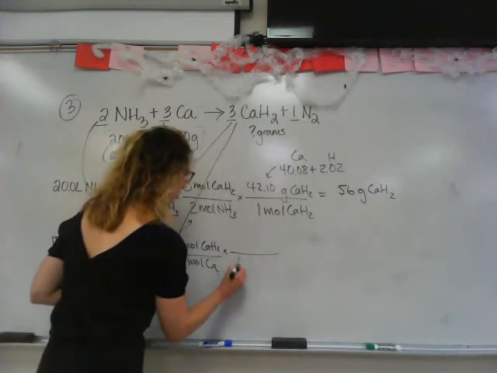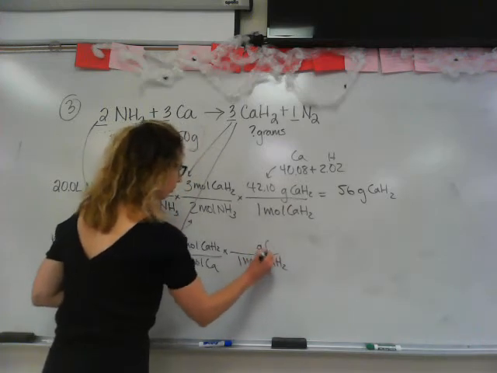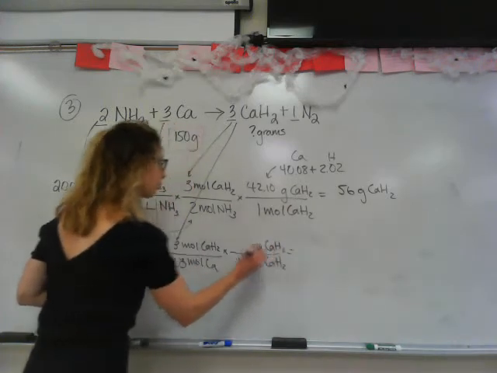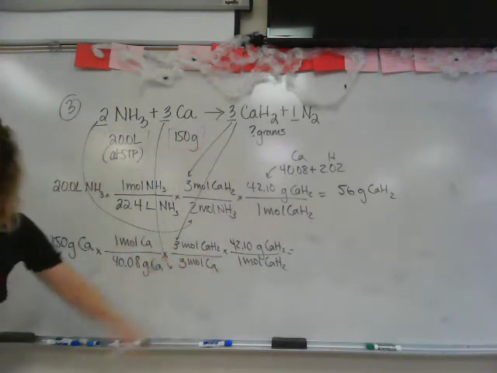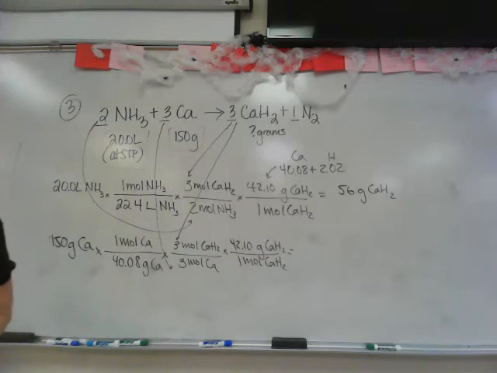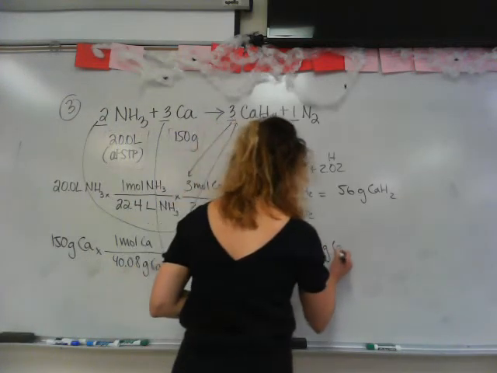And then we need to convert that to grams of calcium hydride. The molar mass is 42.10. You're going to multiply and divide all of this out. That's going to give you 158 grams of calcium hydride.